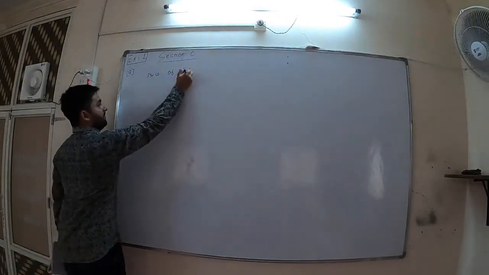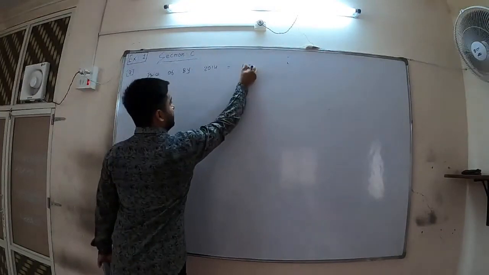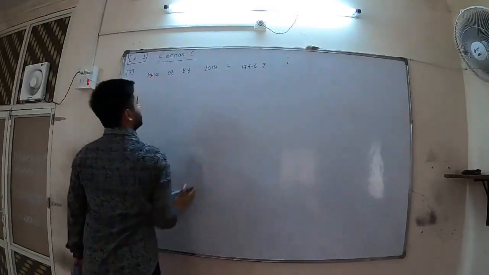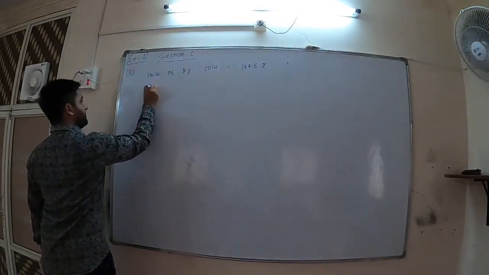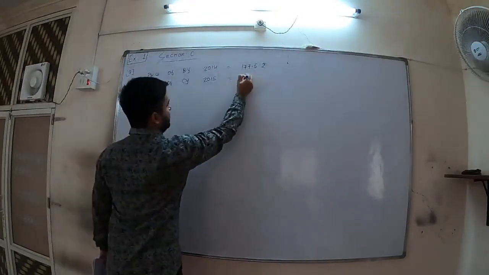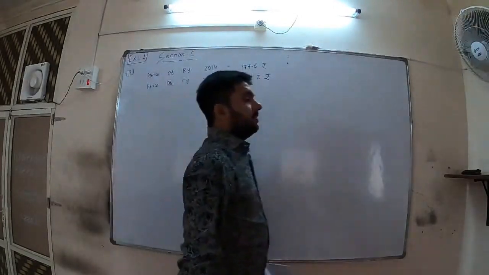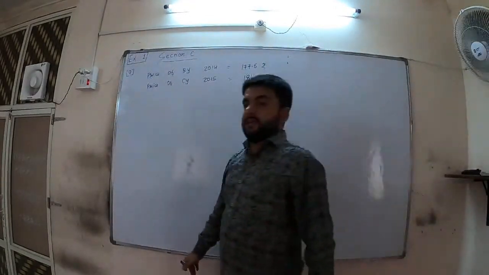Price of base year 2014 is equal to 177.6 rupees. Price of current year 2015 is 181.2. Give the formula.